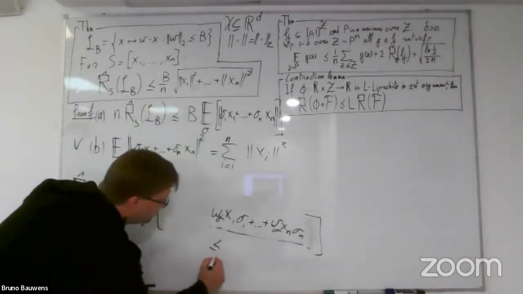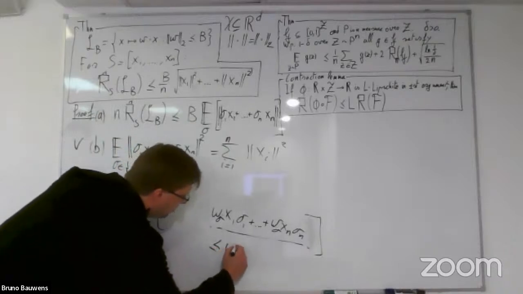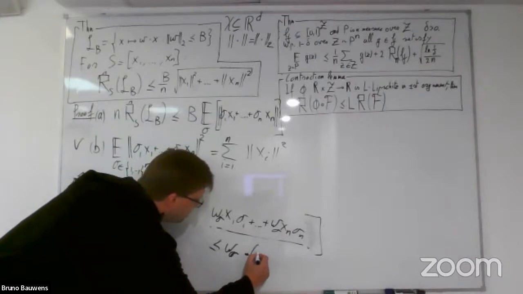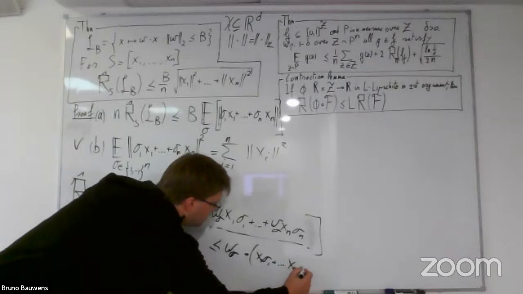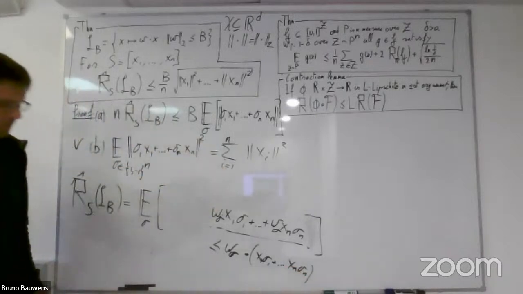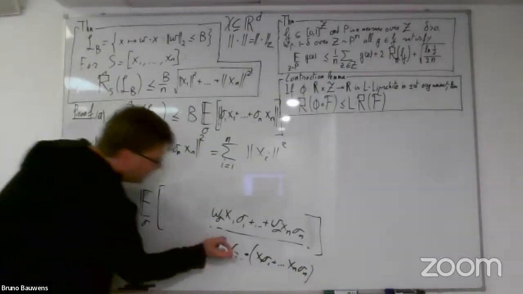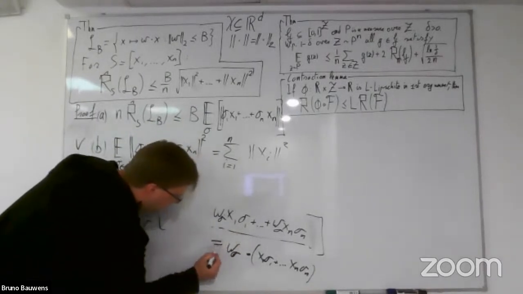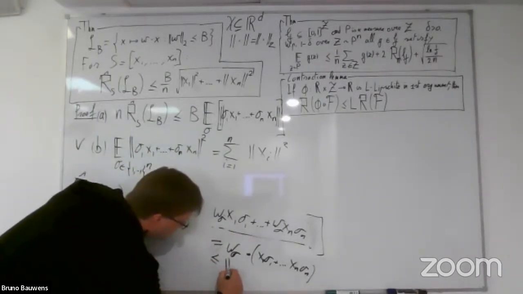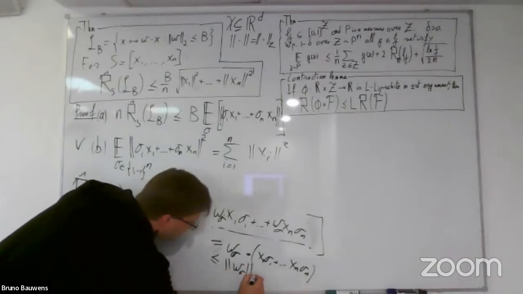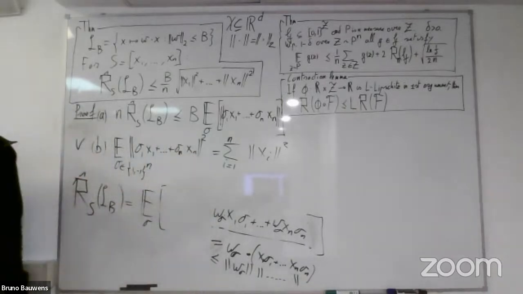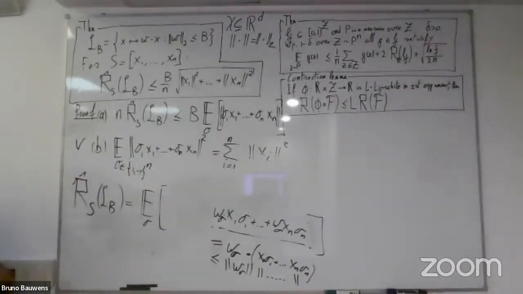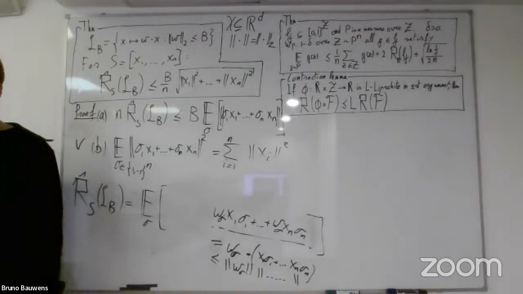We see it as a dot product of W sigma and the vector x1 sigma 1 plus xn sigma n. It's exactly equal. And now we apply Cauchy-Schwarz. So we say norm of W sigma times norm of this vector. And we are already done. It's a very nice proof.